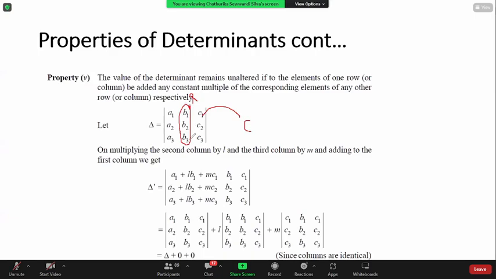Next, we select the third column and multiply it by M. Multiplying means you have to multiply all the elements of the column with the respective constant. So here all the elements of the second column are multiplied by L, and all the elements of the third column are multiplied by M.